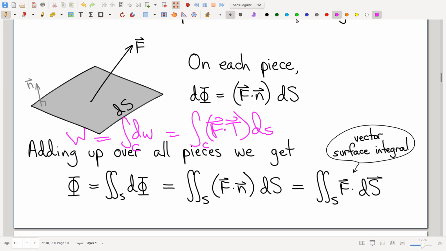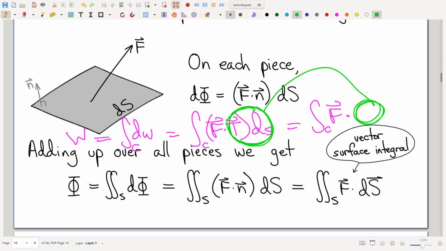But this is not really our favorite way to talk about T ds. I mean, T is a unit vector telling you the orientation of your curve. ds is a scalar representing the size of that little piece of curve. And in practice, for convenience, most of the time we'll rewrite this as F dot, and we'll give this a different name.